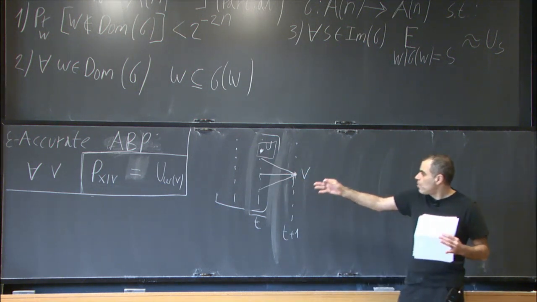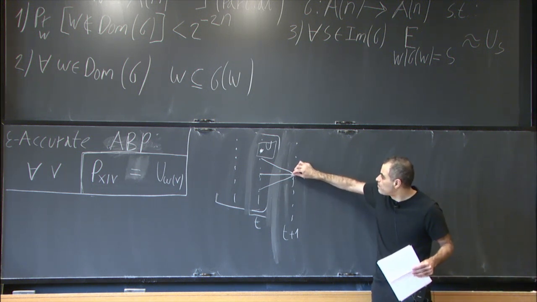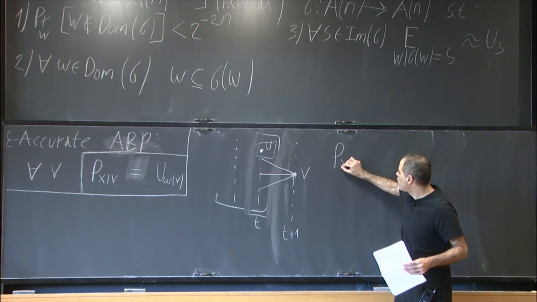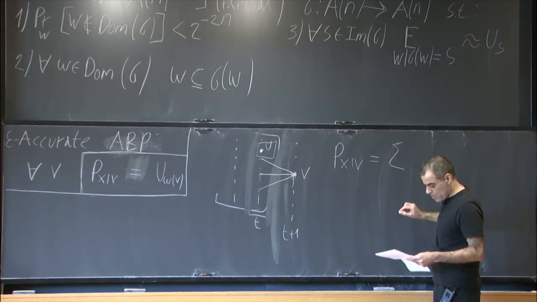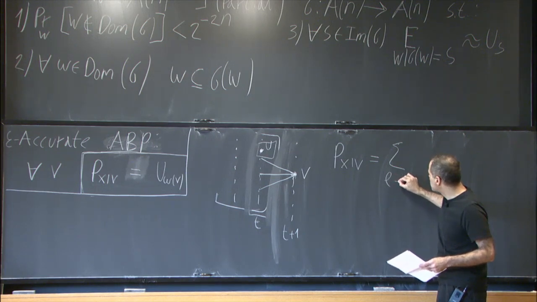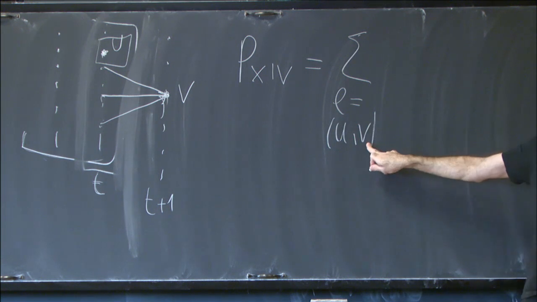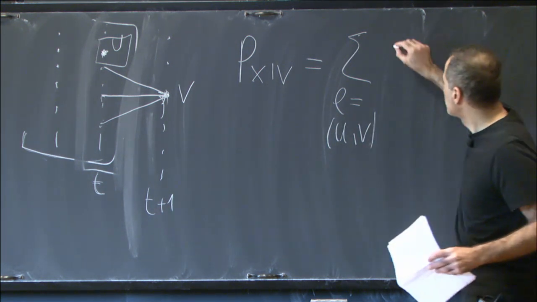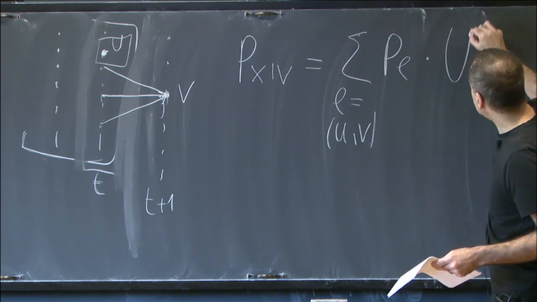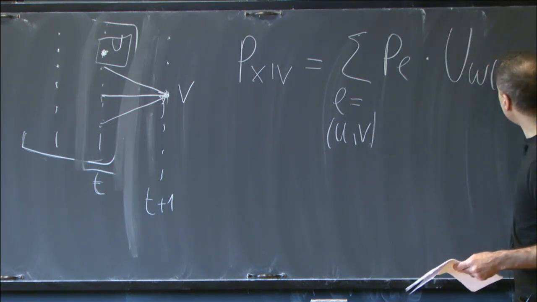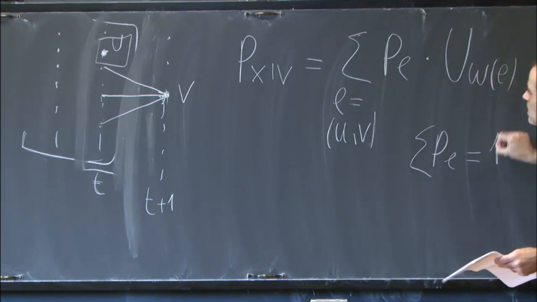So when you have all these edges going into it, you can write the distribution P of X conditioned on V as the sum over all the edges E equals UV going into the vertex V of some coefficient PE times the uniform distribution over W of E, where the sum of the PE is 1.